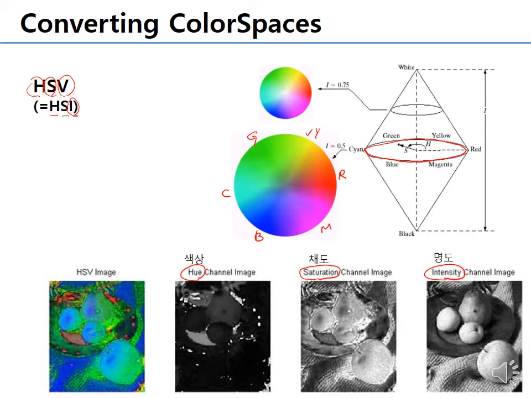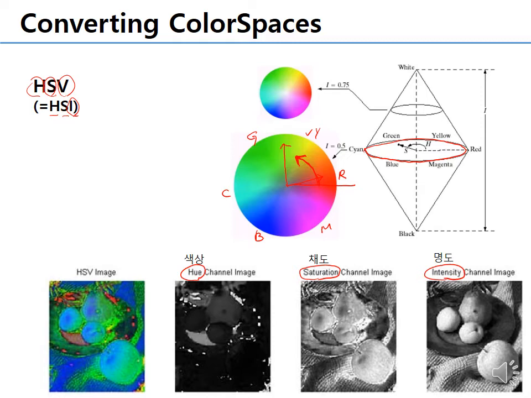From the center, as we approach the edge of this circle, the saturation increases, and when we rotate this clockwise or counterclockwise, we can change the hue. So this circle expresses hue and saturation in one circle.